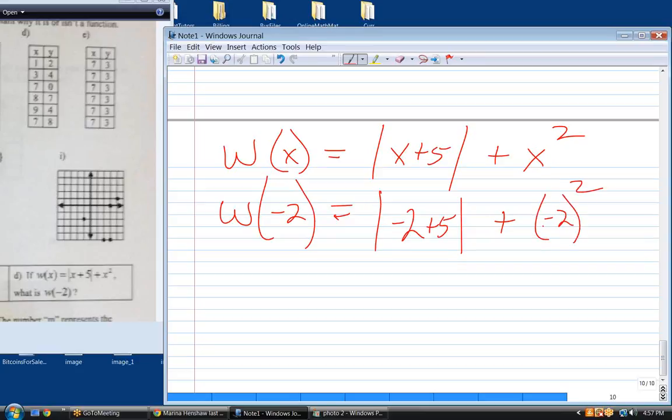Yeah. Very important to use the parentheses there. If I don't use the parentheses, it's a different answer. When I've got the parentheses in there, I'm squaring negative 2. If I were to write it like this, all I'm doing is squaring the number 2, which this would equal minus 4. This equals plus 4.